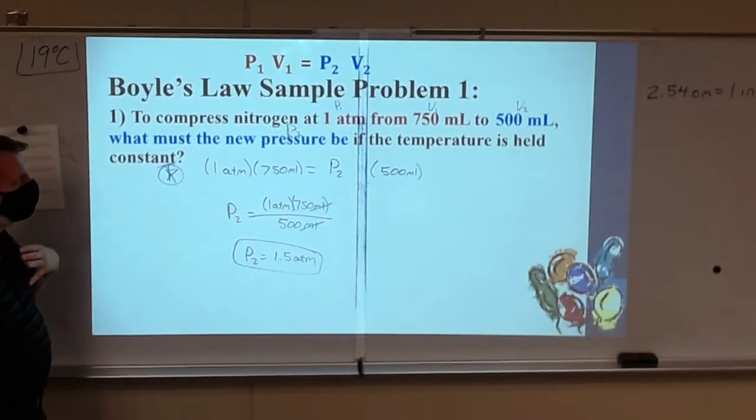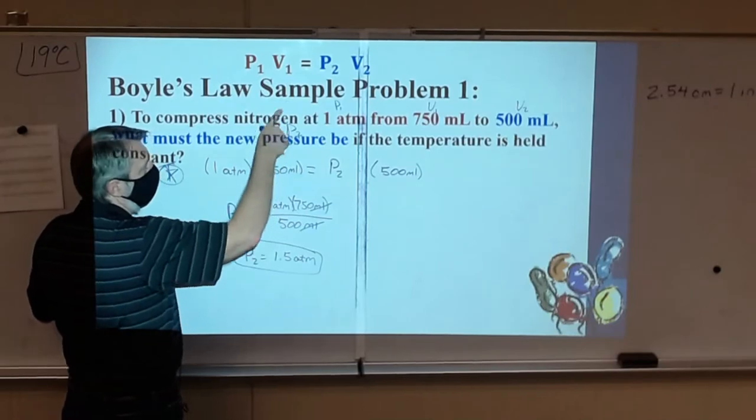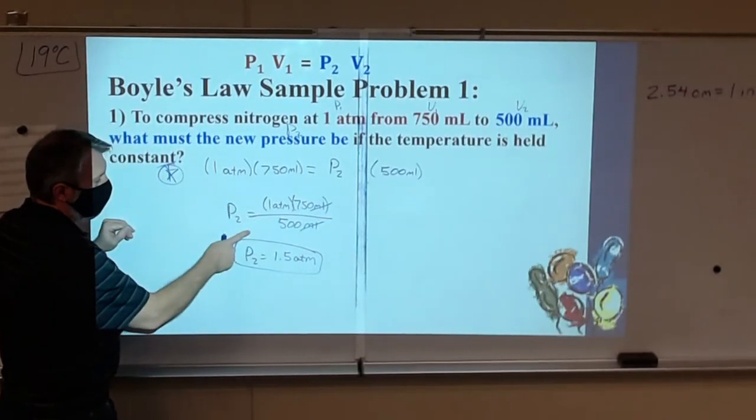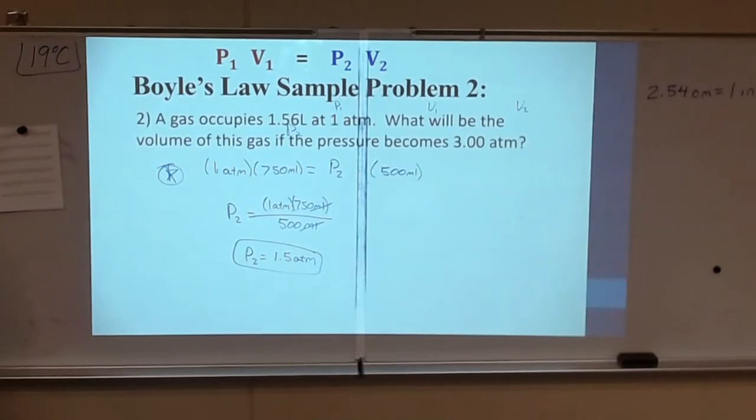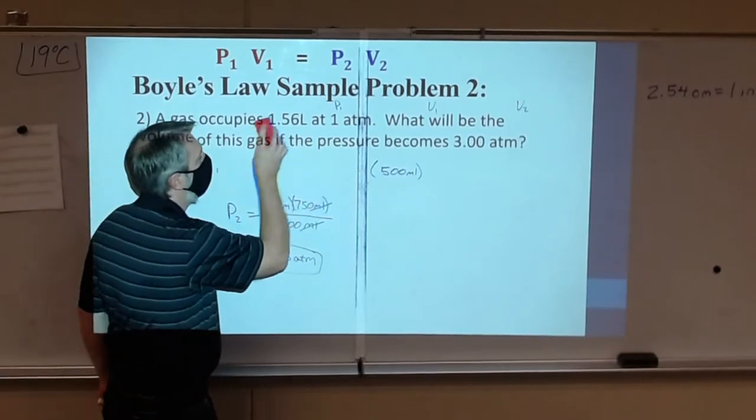My recommendation is you write the formula, fill the formula in from the word problem, and solve it so you can see your own work. I want to see those units written. All right, you guys handle this one, and then we'll work it together.